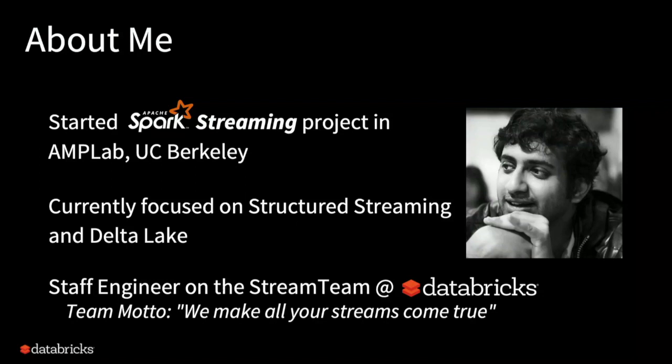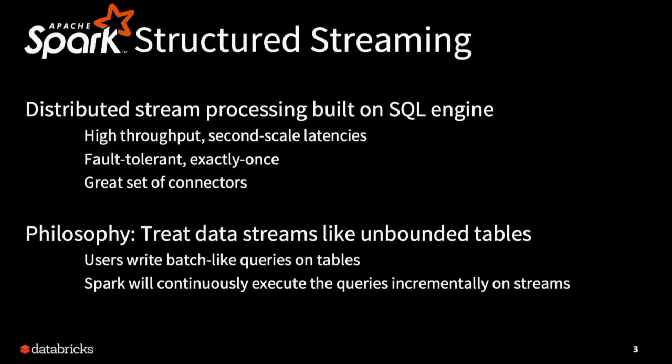So for the uninitiated, Spark Structured Streaming is basically a distributed stream processing platform, which boasts very high throughput, second-scale latencies, and it's obviously fault tolerant, with end-to-end exactly-once guarantees despite any kind of failure, and a great set of connectors in the ecosystem to read and write from various different data sources. The core philosophy of Structured Streaming is to treat data, both batch and streaming data, as tables.